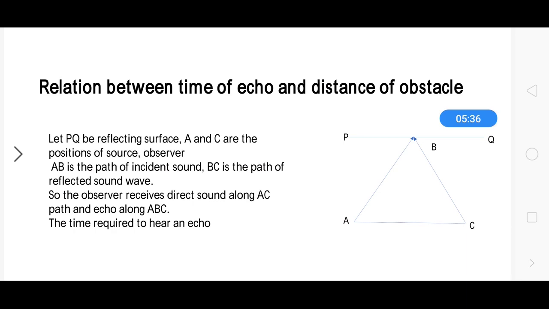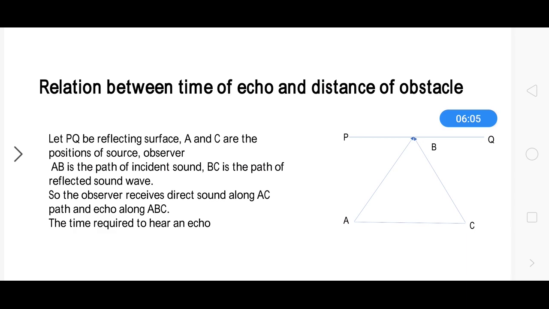The observer is at point C. The reflected sound wave reaches the observer in the BC direction. So AB is the path of incident sound and BC is the path of reflected sound wave.